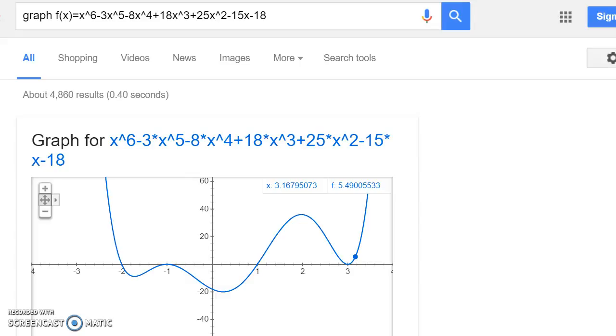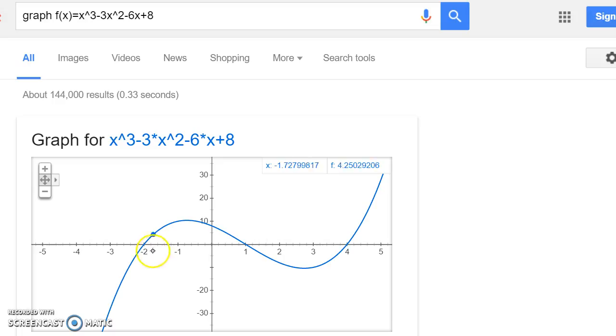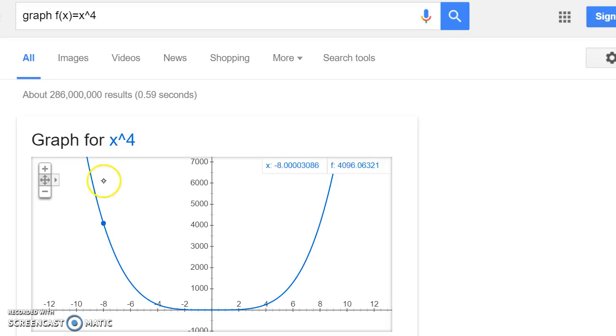Now, this x to the 6th function has 1, 2, 3, 4 zeros. This x to the 3rd function has 1, 2, 3 zeros. And x to the 4th only has 1 zero. So a polynomial function can have up to n zeros if it's of the nth degree, but not more than that.